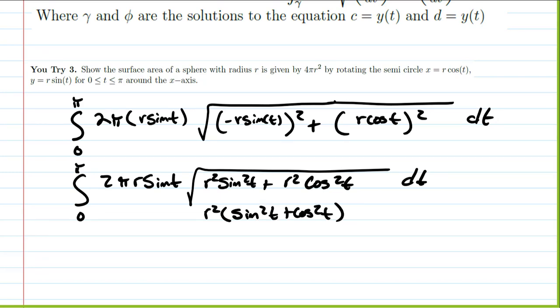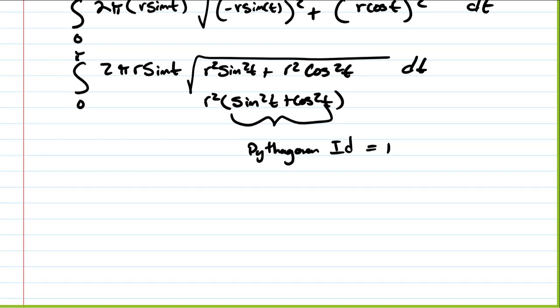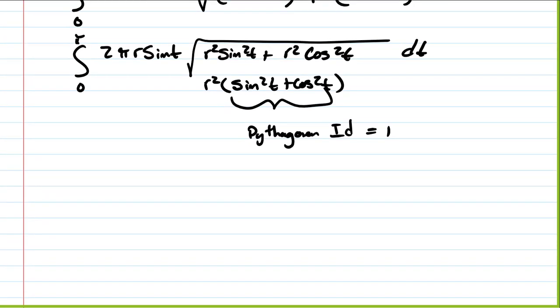And sine squared t plus cosine squared t by the Pythagorean identity is equal to 1. So 1 times r squared is just r squared, and the square root of r squared is r.